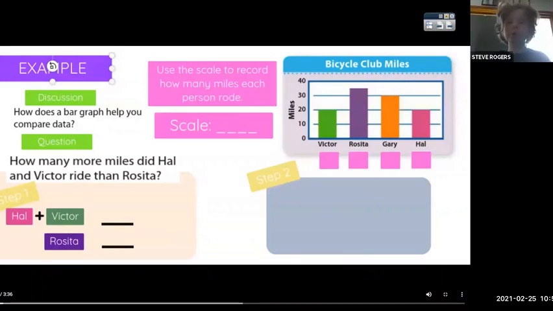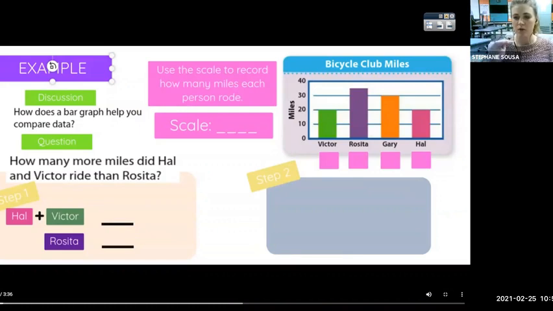It shows it by raising up the numbers, and where they are on the bar graph is how much they have. Nice. I like the way that you said it raises up the numbers. So those bars get higher. If the number or the amount of data is getting higher, the bar is raising up, in Steve's words.